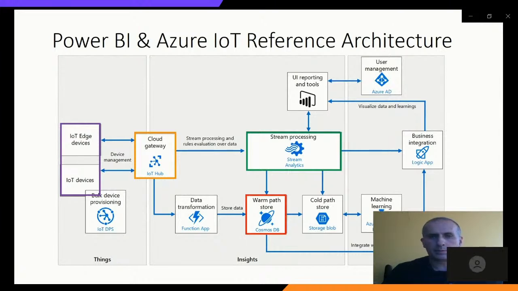It is also possible to have persistence in Cosmos DB or another storage for partially processed data or fully processed data for future reports. It is possible also to store not processed data for future analytics in so-named cold path storage.